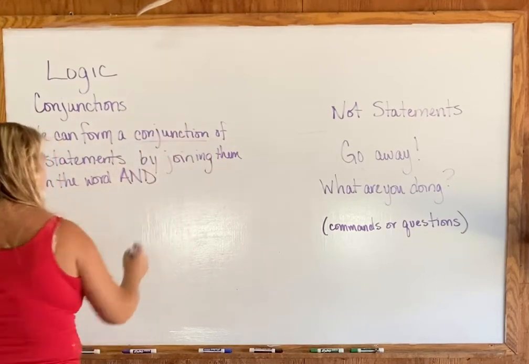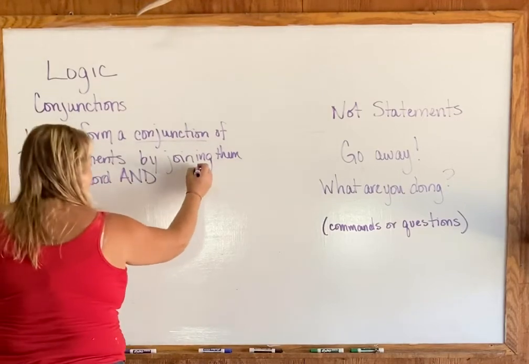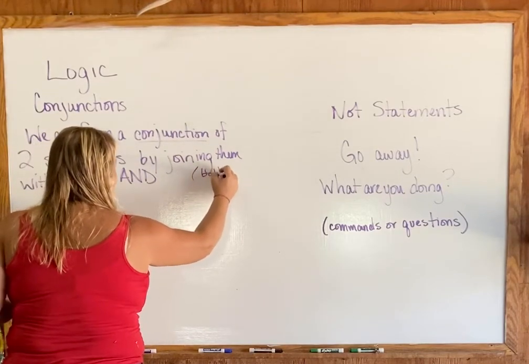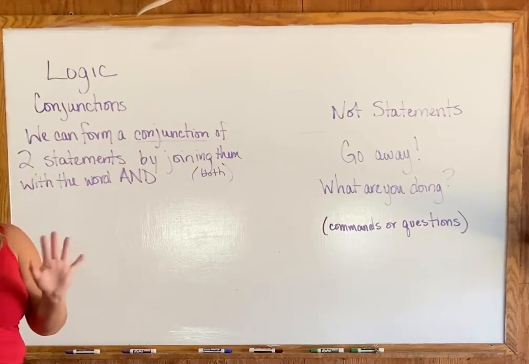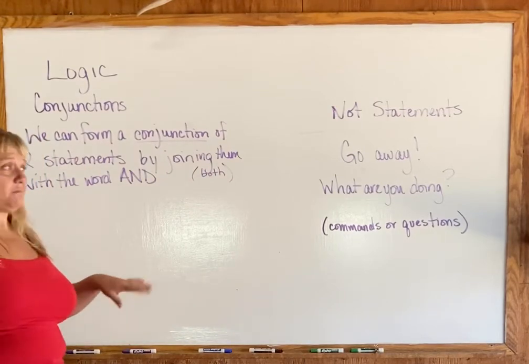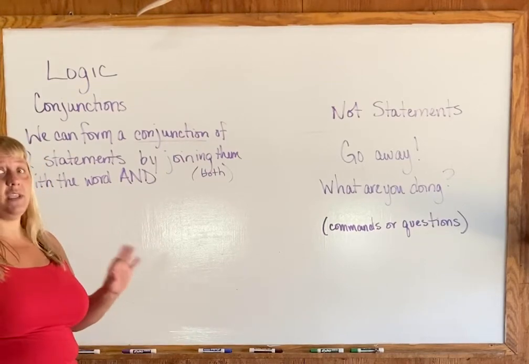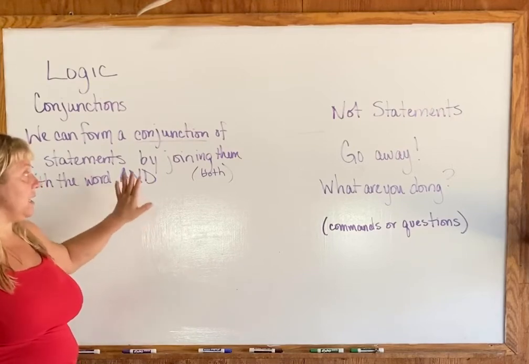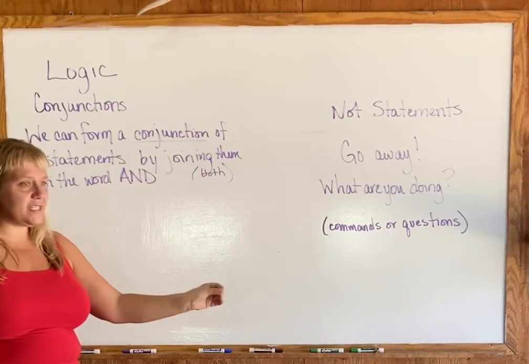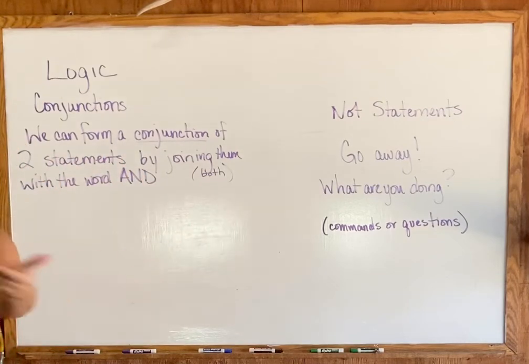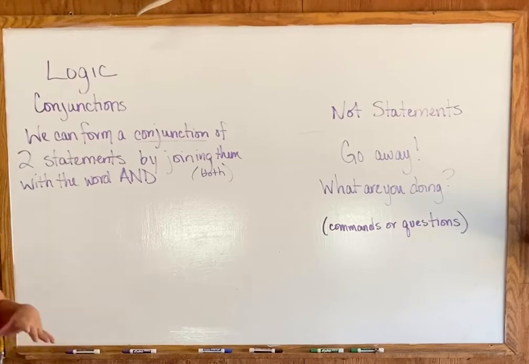Okay, so conjunction means and. And in the English language, we have to be very careful that we use things properly because the English language is a little bit a messy language. So a lot of times we use the word and when we mean or. So we really need to make sure that what we're talking about is and. So and means that both things are happening. We want this and that. We want both of them together, okay? So and means both, okay?